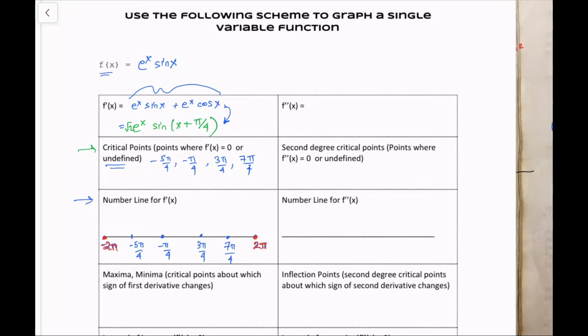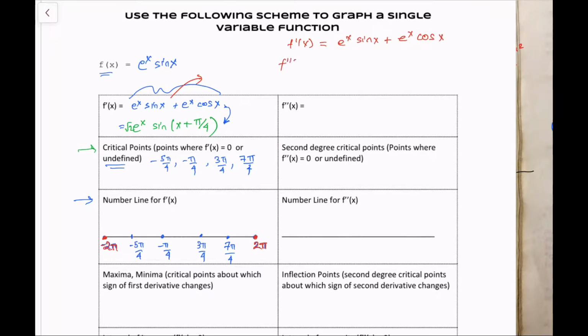But before we do that, let's compute the second derivative, which is easy to compute from this particular expression, the first expression. Let me do it just here. It will not take much space. F prime x is e to the x sine x plus e to the x cosine x.